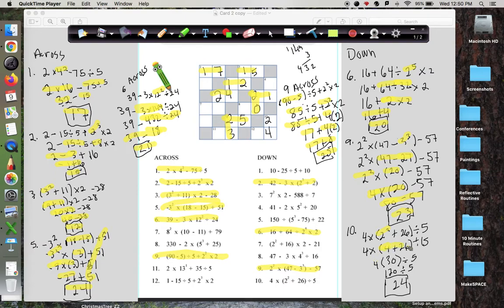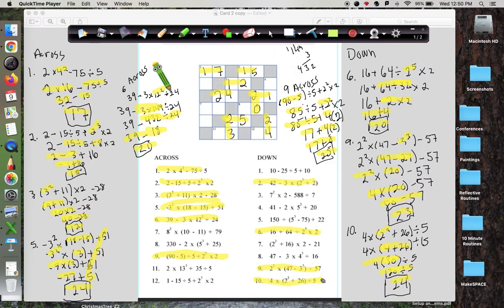Then we're going to add and get 30. Then next we're going to look for multiplication and division, left to right. We see right there multiplication. And 4 times 30 is 120. And then finally we divide by 5 and get 24. So that's that one right there.